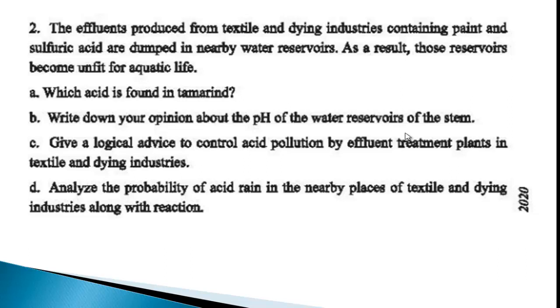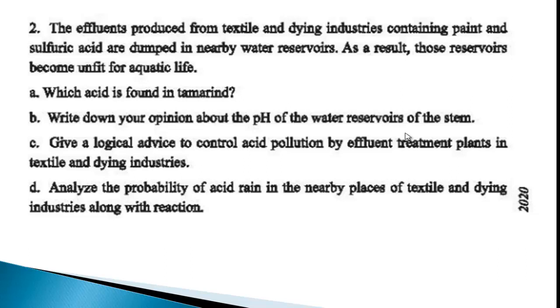So here actually we have seen that they contain sulfuric acid. So the acidic substances which are exhausted as acid pollutants from the dyeing industries, we should not directly dispose of to nature, or drain directly to nature.